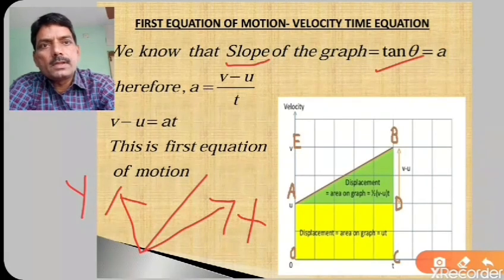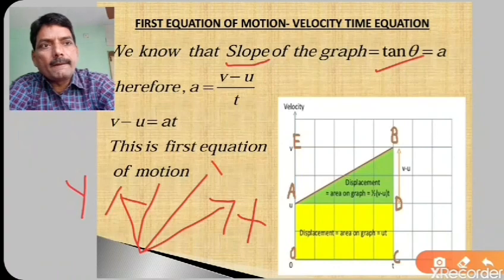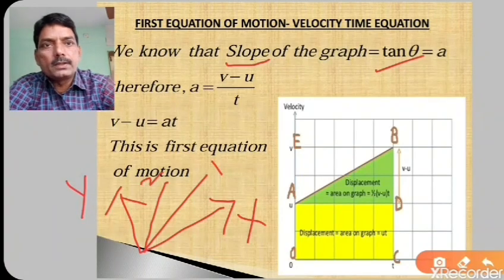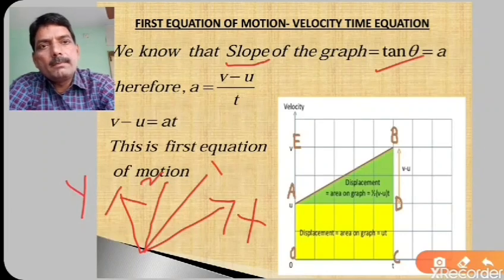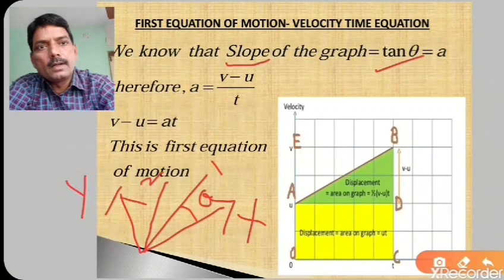Suppose this is the first line, and again I will draw a second line here. This is the second line, that is also passing through the origin. Now this line 1 makes an angle theta with the x axis. Suppose this is your theta, and here it is your theta dash.